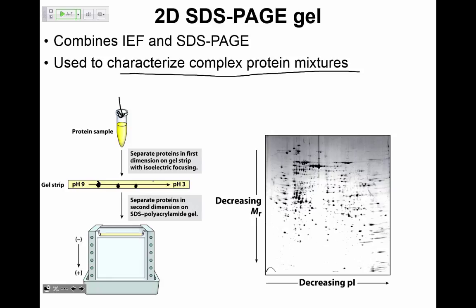Then you separate based off molecular weight. Remember, high molecular weights are up here, low molecular weights are down here. So, high, low molecular weight.